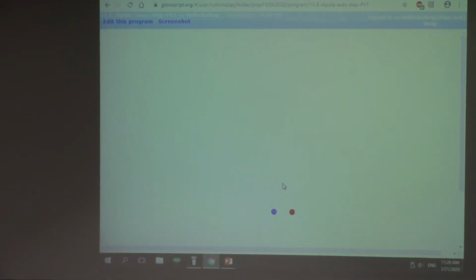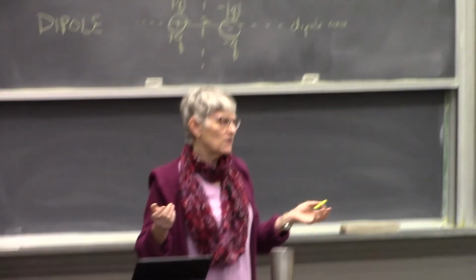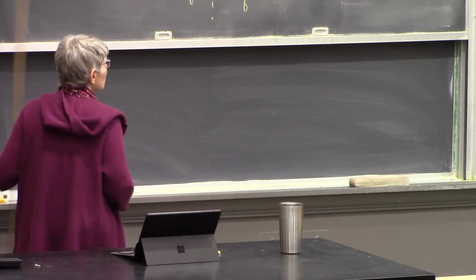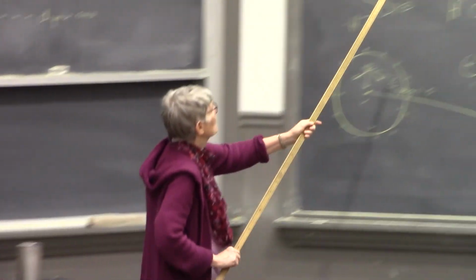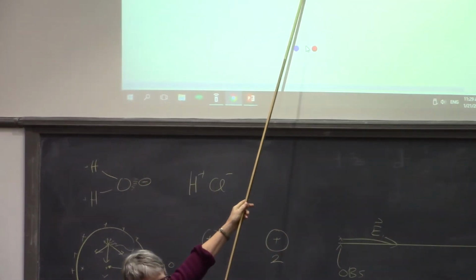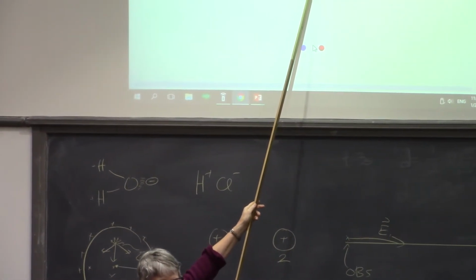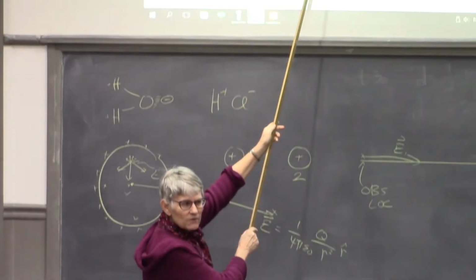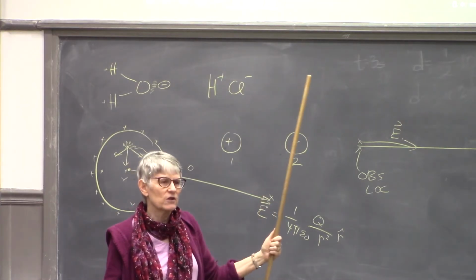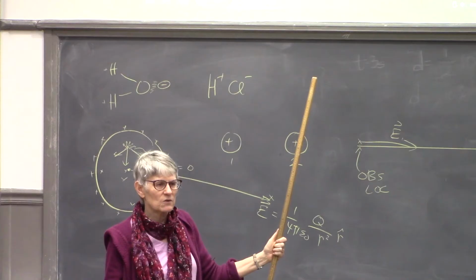We're going to do exactly the same procedure: add up the field of the positive charge and the field of the negative charge to get the net field, but only along this perpendicular axis. We're going to do it at a whole bunch of places along the perpendicular axis and see if we can guess how it should be falling off with distance. If it was a point charge, it'd be 1 over r squared, so at the very least we can see if it looks like 1 over r squared.